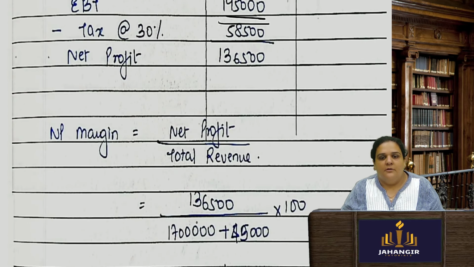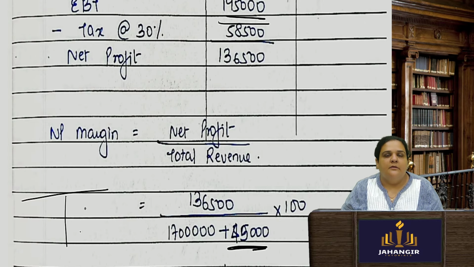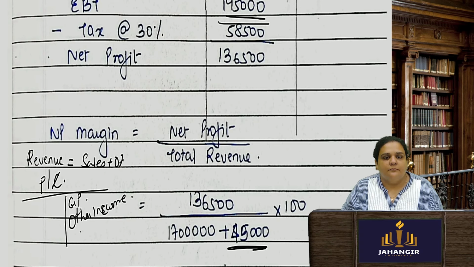Okay. So your revenue will also include, when you make this profit and loss account, you write your gross profit here, you also will write your other income, no? So basically your total revenue will include everything, your sales plus your other income.